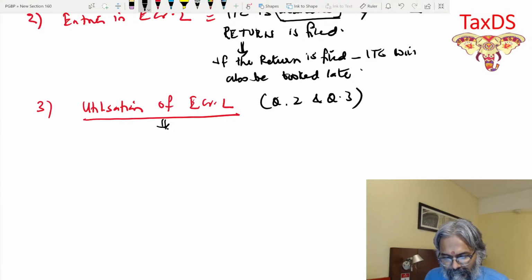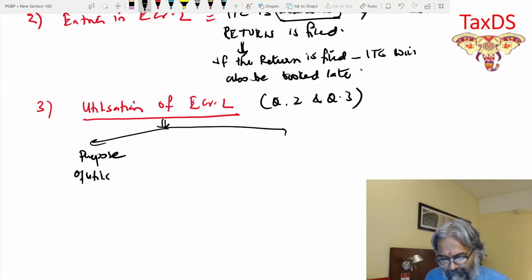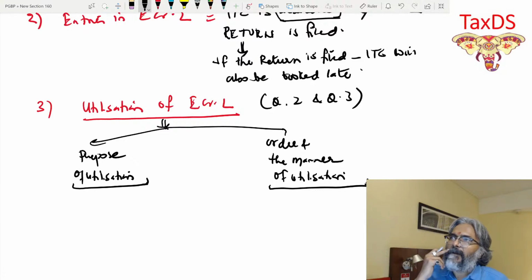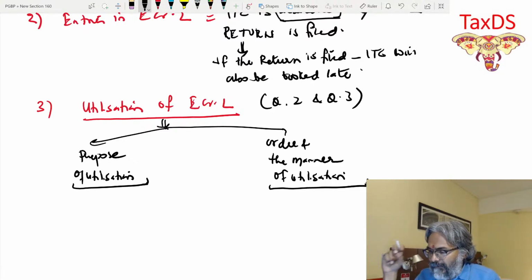In the utilization of the electronic credit ledger, two things are there. First, what is the purpose of utilization? And the second is the order and the manner of utilization.